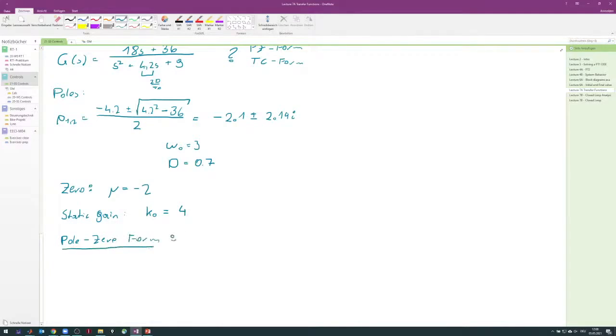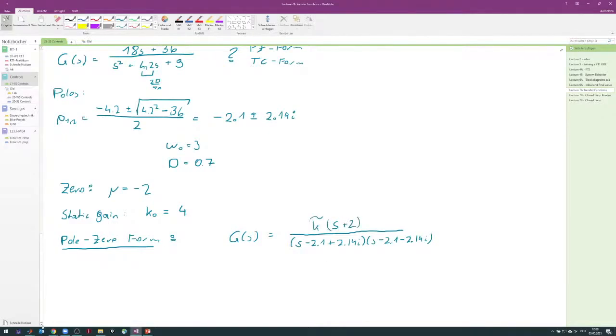So now you could go ahead and say, okay, I write down my poles, and my poles are s minus 2.1 plus 2.14i times s minus 2.1 minus 2.14i. And you put the zero here, s plus 2, and then you compute your K tilde.